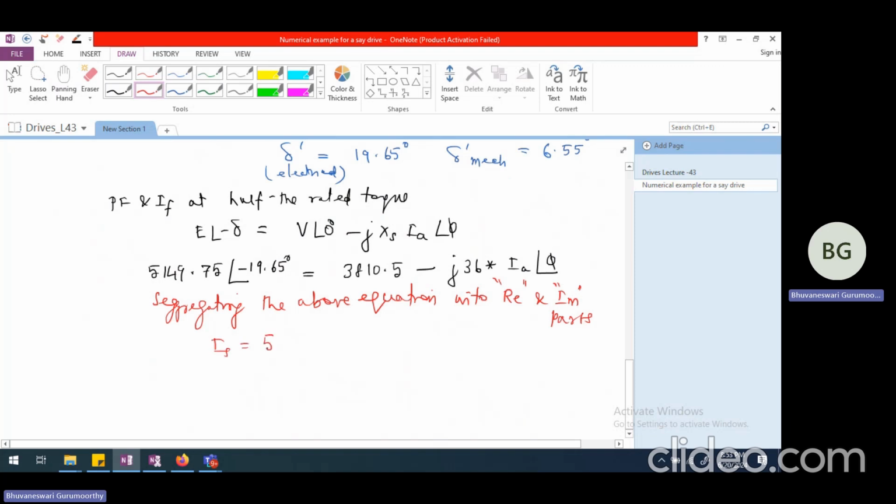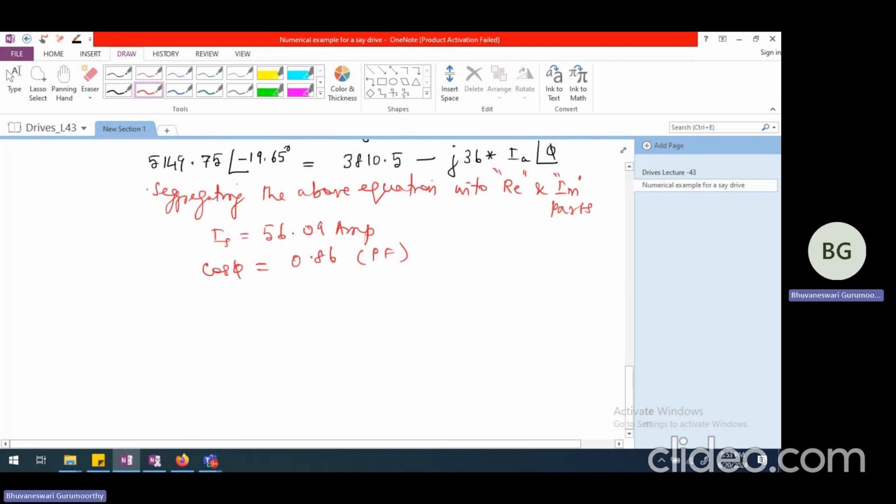I A is 56.09 ampere, and I A cos phi is 48.10. So we can say cos phi is 48.10 divided by 56.09, and it is 0.86. The power factor happens to be 0.86 in this particular case.